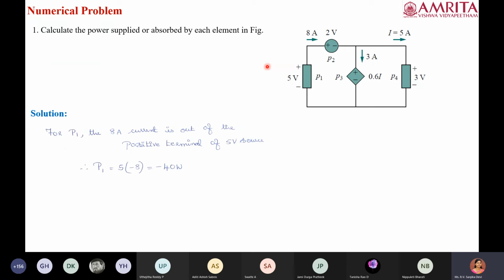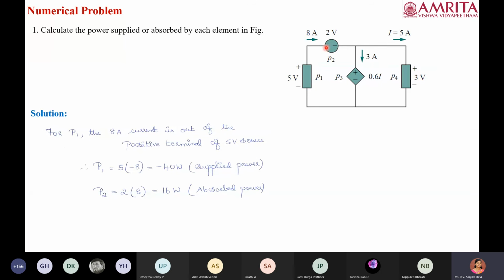Similarly, what is P2? Plus 16 watt. The current is entering into the positive terminal, so it is absorbing the power. 2 times 8 is 16 watt, absorbed power.